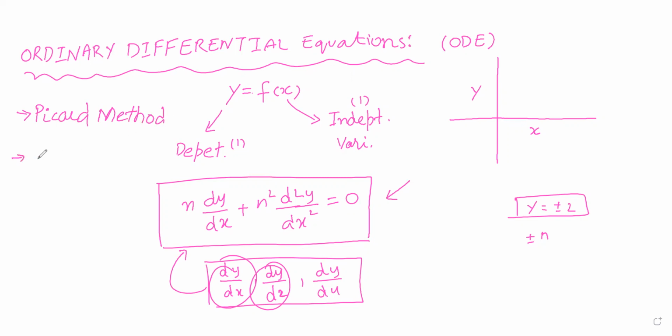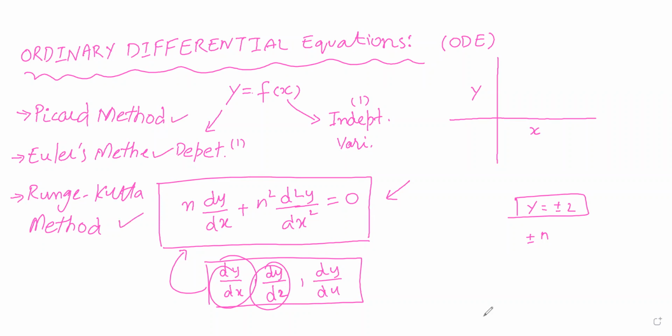Then we will have Euler's method. And then we will cover the Runge-Kutta method. We're going to cover these three: first, second, and third.